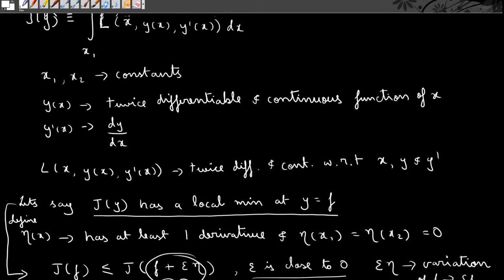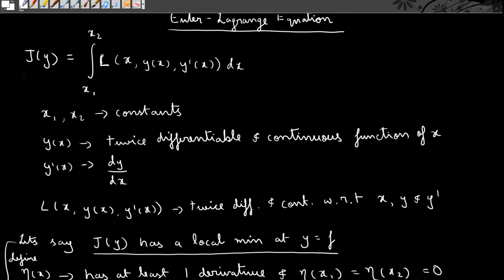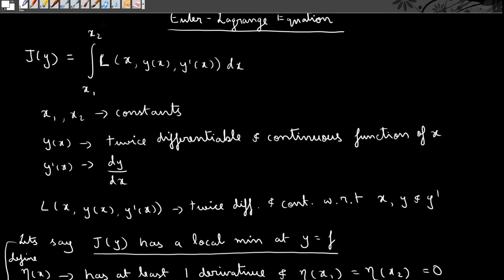Let me once again repeat it. We are going to consider a function J of y which has a form which is a definite integral of some function L which depends on x, y of x and y dash of x, where x1 and x2 are constants, y of x is a twice differentiable and continuous function of x, y dash of x is defined as dy by dx, and the function L is also twice differentiable and continuous with respect to x, y and y dash.